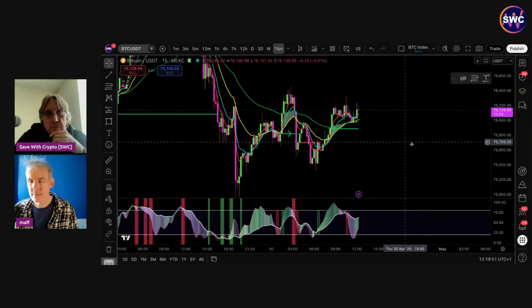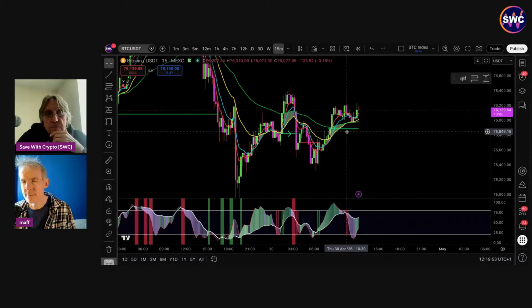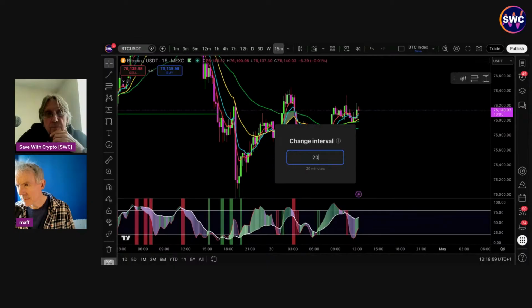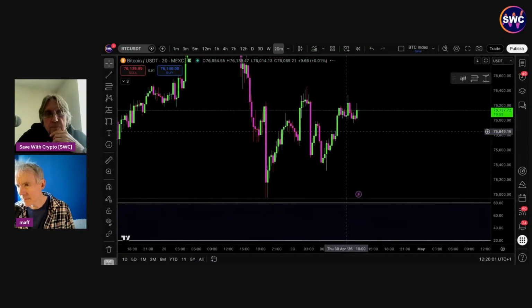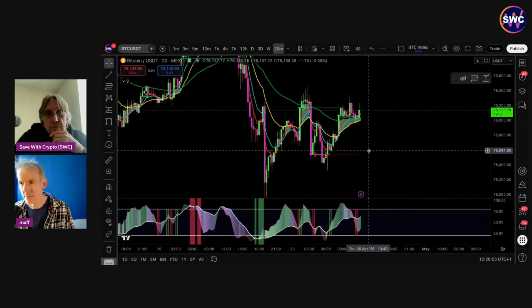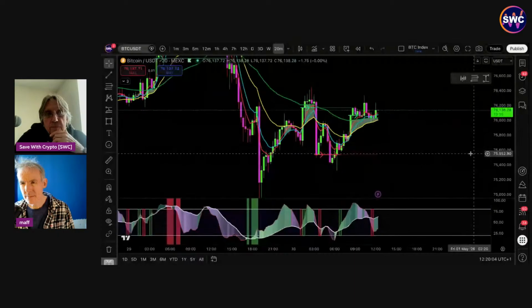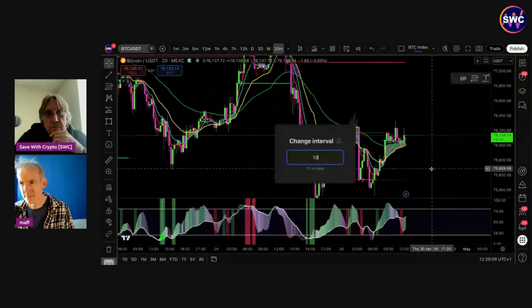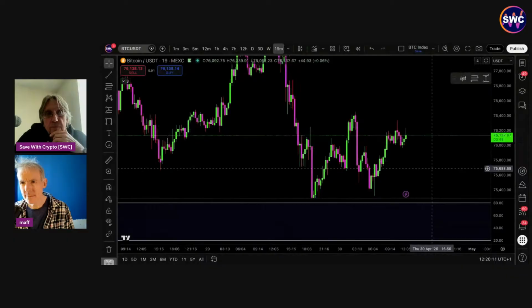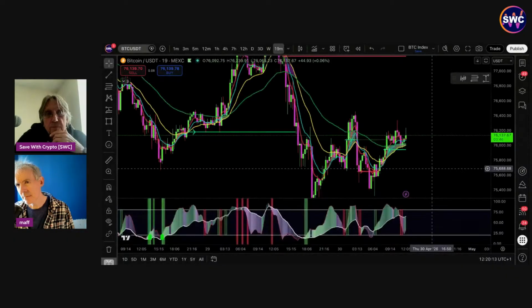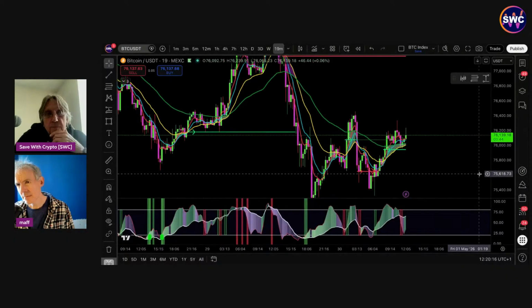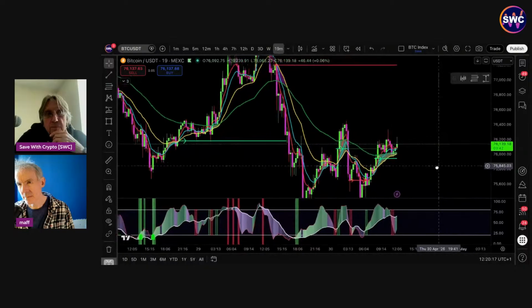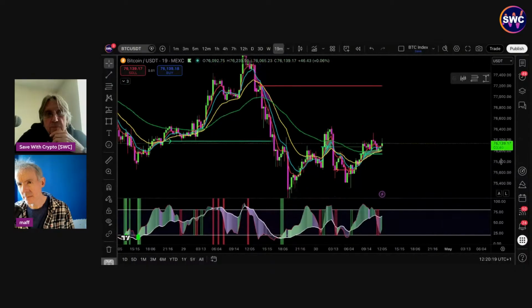We got a 15-minute bullish cross at 10:30, about 2 hours ago. So let's go a little bigger, like the 20-minute. 20 minutes, not quite there yet. So you go back a bit, 19, and that's pretty much there. That's probably going to do something in the next 3 minutes and 41 seconds.